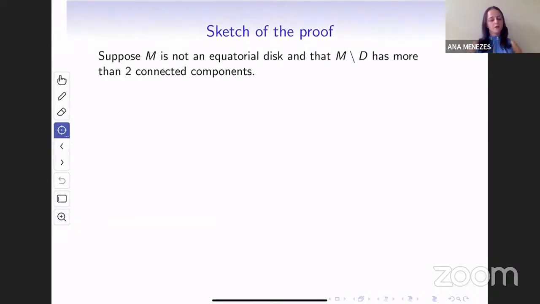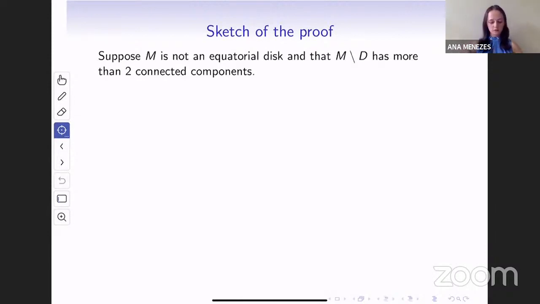Here you can suppose that D is the horizontal disk. So if it divides in more than two components, in the upper half ball or lower half ball, you're going to see at least two components, right? So to simplify the picture in our head, you can always think about the upper half ball without loss of generality. Okay, so in the upper half ball, we have at least two components.